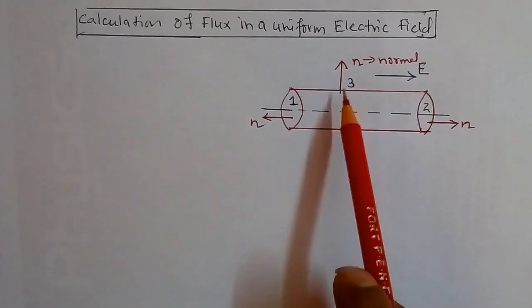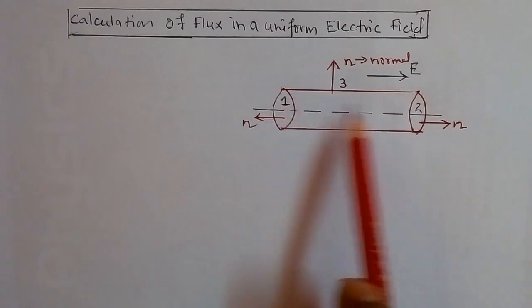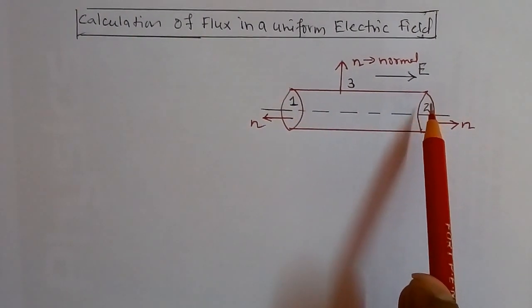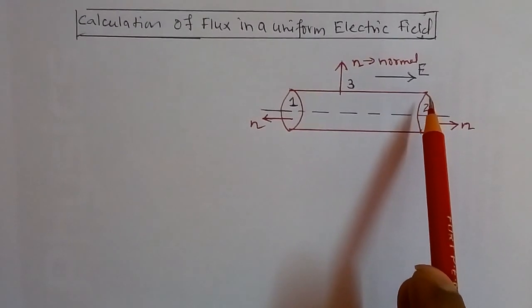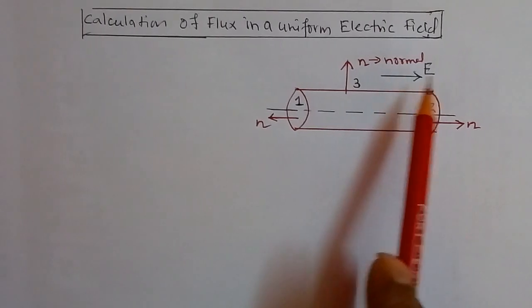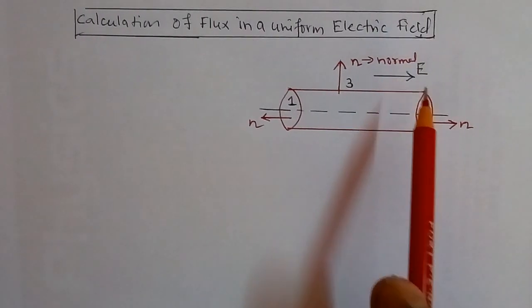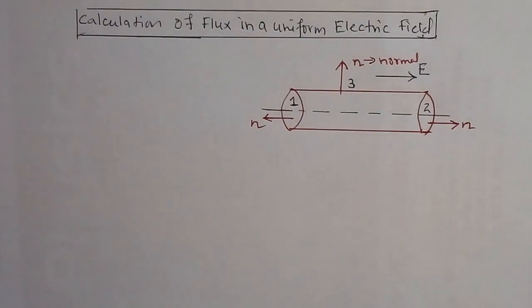The surface 3 is actually the curved portion of the cylinder, whereas surface 1 and surface 2 are the circular portions. So as I have already mentioned, we can choose a normal for any closed surface. And you can see the direction of the electric field as well. If you consider the flux through all these three surfaces, we can write it as follows.